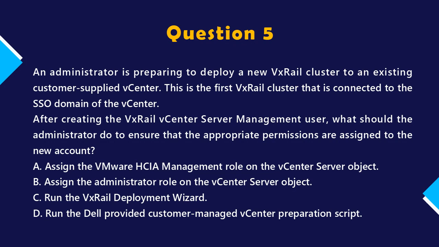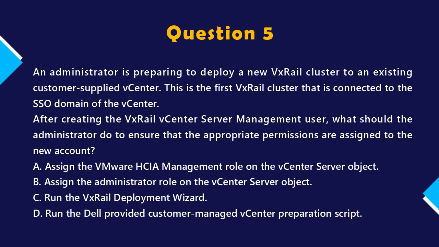Question 5. An administrator is preparing to deploy a new VxRail cluster to an existing customer-supplied vCenter. This is the first VxRail cluster that is connected to the SSO domain of the vCenter. After creating the VxRail vCenter server management user, what should the administrator do to ensure that the appropriate permissions are assigned to the new account?